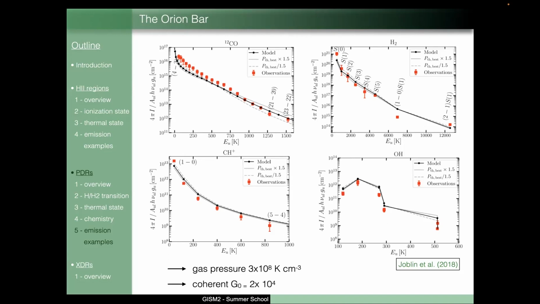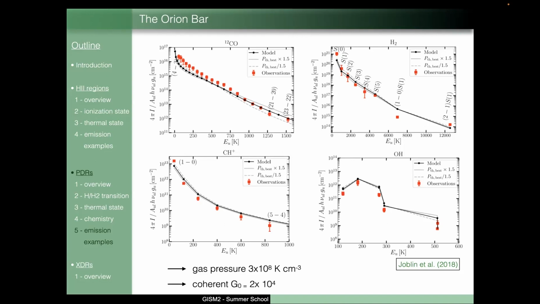What is quite remarkable is that a single model with a simple geometry, a plane parallel slab of gas, is able by itself to somehow reproduce the entire complexity that we see in the observation. Not only reproduce the chemical structure, but also the excitation structure that we see in the observation. Of course, people would say, oh, well, there is a discrepancy here, but come on, this is a 1D model.